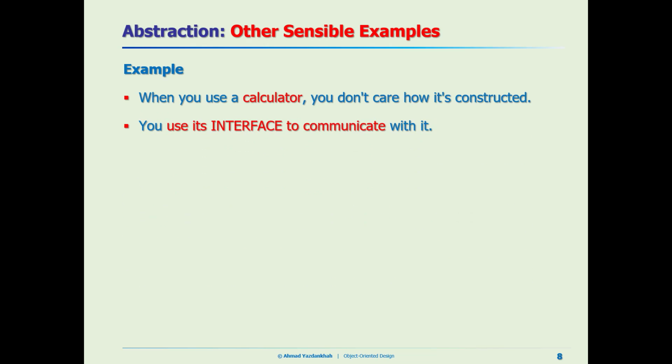Okay. Let me take other examples. For example, you use your calculator. The calculator is an electronic device, right? But you don't care about how it was implemented and how it was constructed. You just use the interface of that calculator to communicate and to use it. Okay.